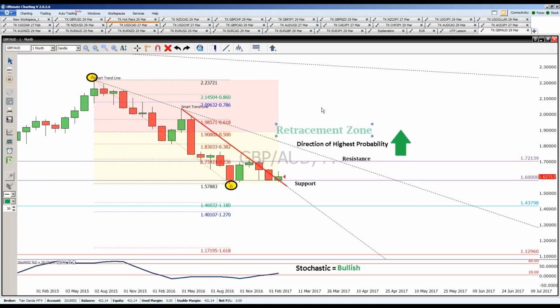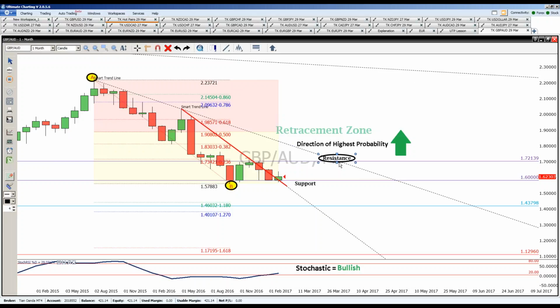We also have a retracement zone, and the next level of resistance will be that pivot at 1.7219. We actually have a nice confluence of resistance over here, where the market converges with the outer trend line and this pivot at 1.7213.